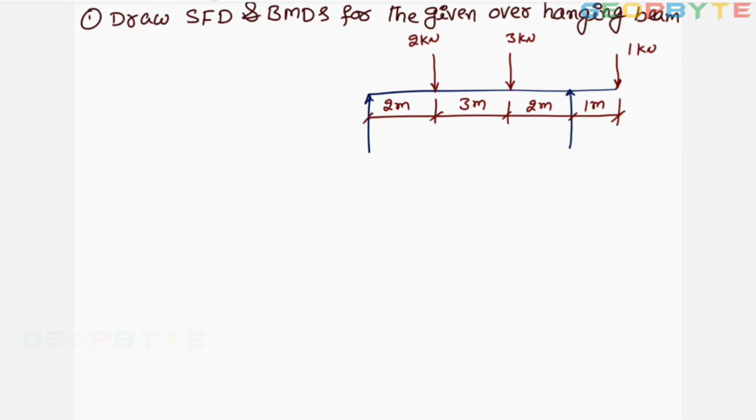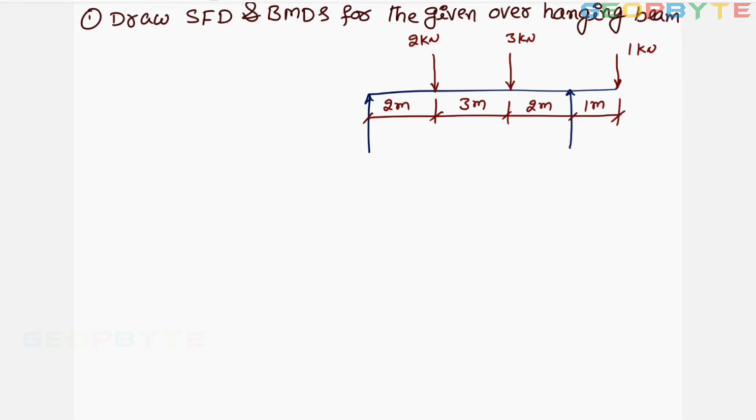In the previous videos, we discussed the cantilever beam with point loads and UDLs, and the simply supported beam with point loads, then the combined effect of point load and UDL. In this video, let us discuss the SFD and BMD for an overhanging beam, first with only point loads.